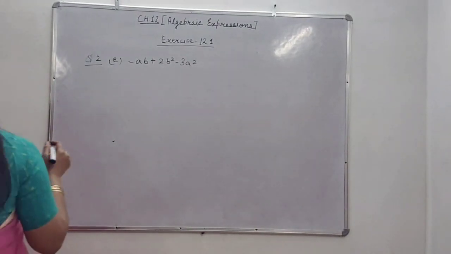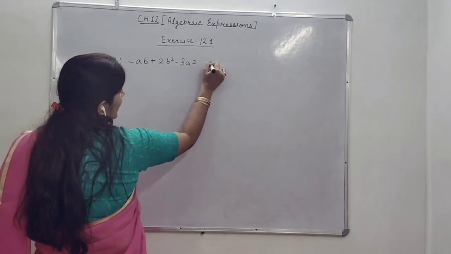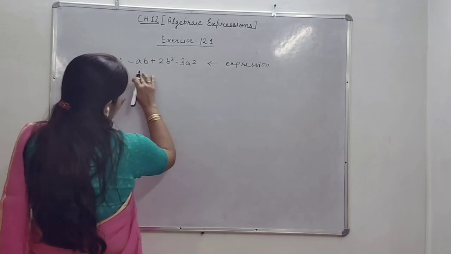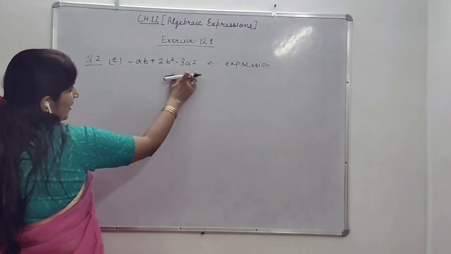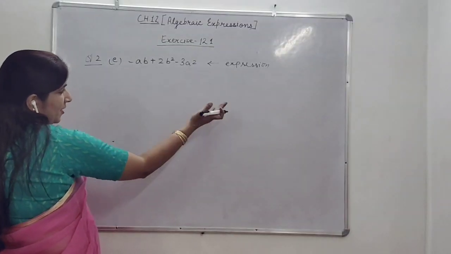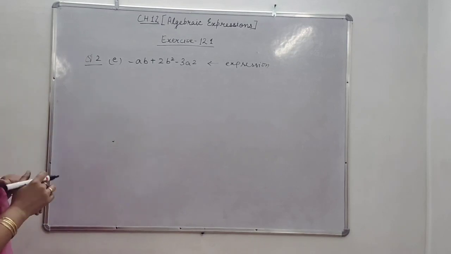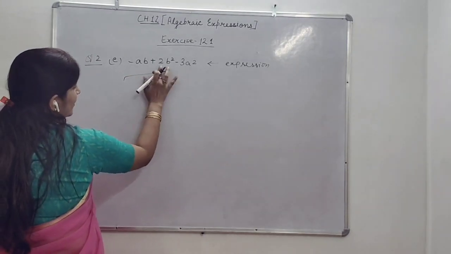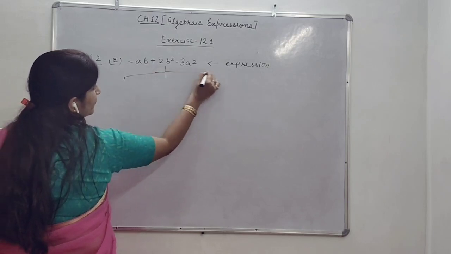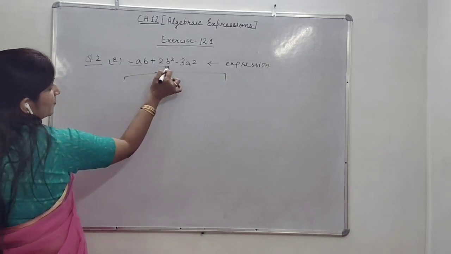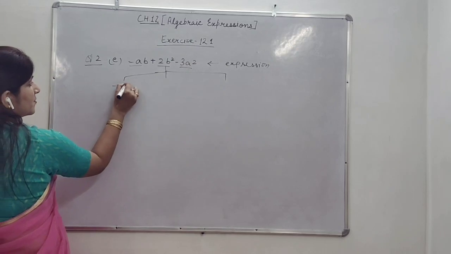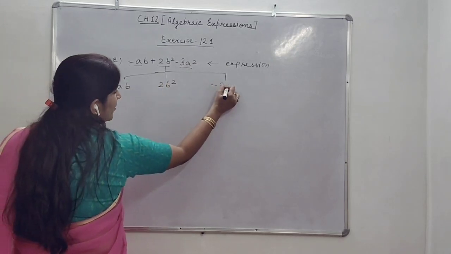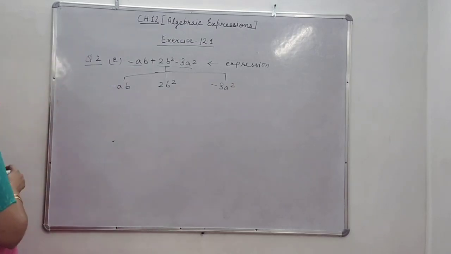How to make the tree diagram? I am using this. You can even separately write the question and the expression again and make the tree diagram, but I am using this only. Now we need to separate the terms. As you can see, there are 3 terms. Minus AB, the first one. Second one is 2B square. The third one is minus 3A square.